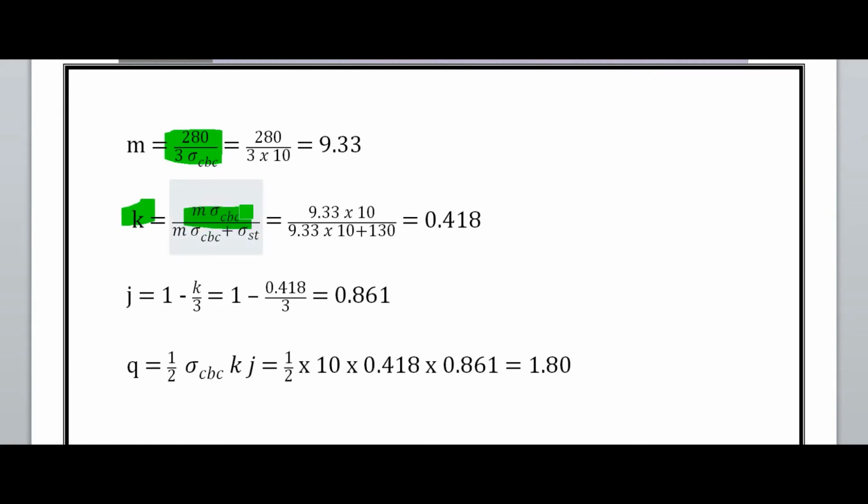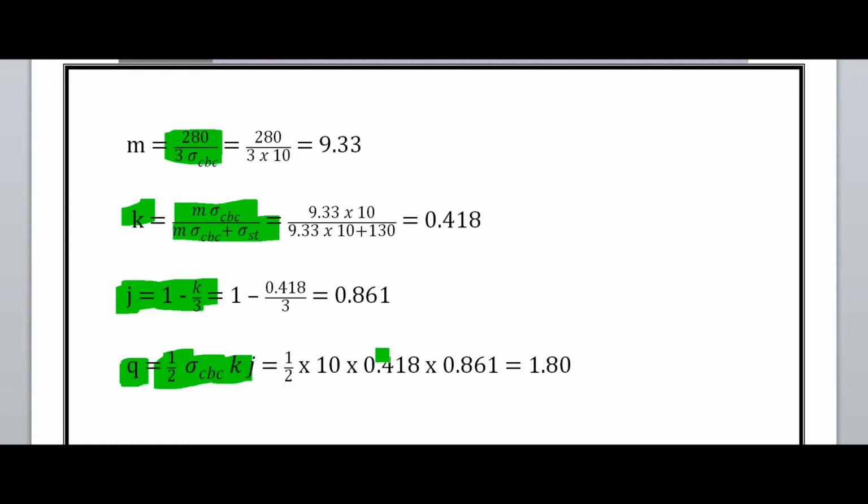K is equal to M sigma CBC divided by M sigma CBC plus sigma ST. J is equal to 1 minus K by 3, and Q is equal to 1 half sigma CBC K into J. So by these equations we put in the values and find the design constants. Here the constant has no units. Okay, these constants are used for the design of the water tank.